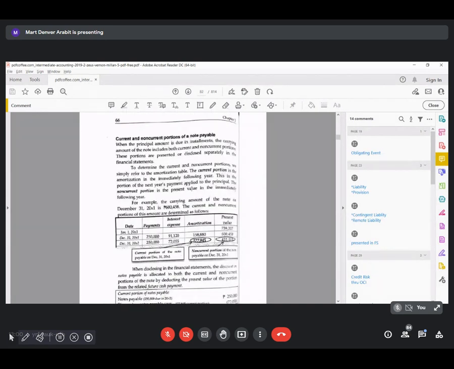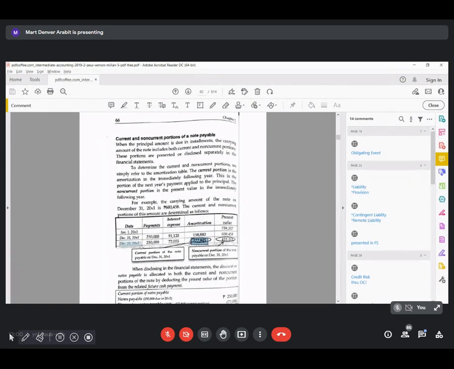Okay, so current and non-current portion of the note payable. So again, whenever we say current and non-current, current portion ng notes payable is the amount expected to be settled within 12 months. So in this case, as of December 31, 2021, the current portion is itong amortization na 177,000 payable on the note, which is the amount payable within the year.